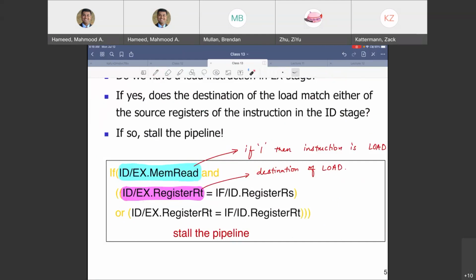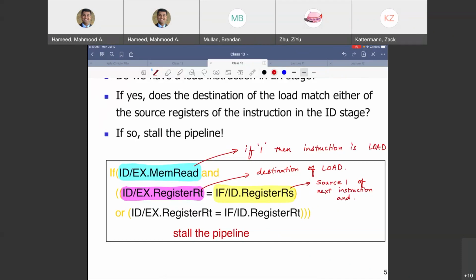If the destination of load equals, what is this guy? This is the first source, source one of the next instruction. In our case, it is the AND instruction.